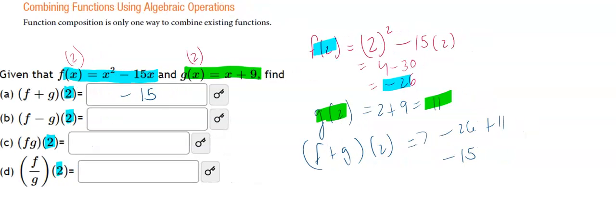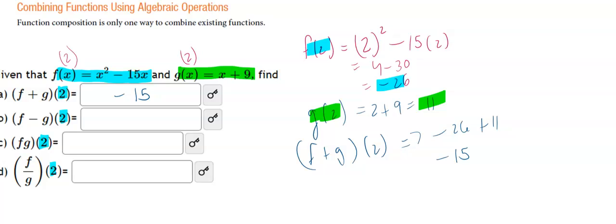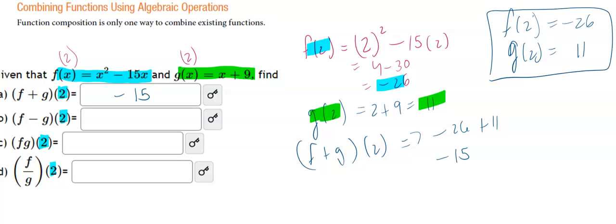Now you don't have to resolve f of 2 or g of 2 again. They're just going to hold. So I'm going to put that over here. f of 2, not f of g, f of 2 is equal to negative 26, and g of 2 is equal to 11. Okay, I put that in a little text box so I don't forget it.